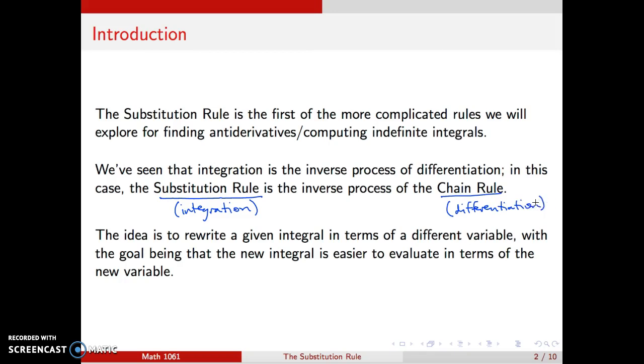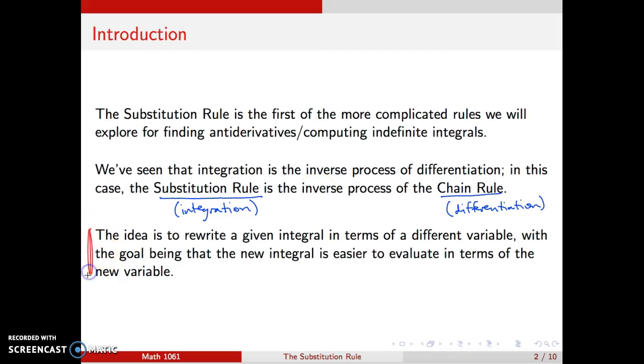If you're trying to find an antiderivative, you can always check your work by differentiating that result and seeing if you end up with the original function. If you have to use a substitution rule, when you check your work with differentiation, you will use the chain rule.